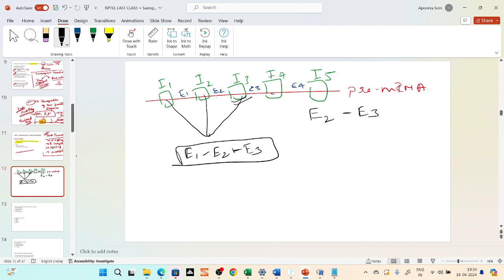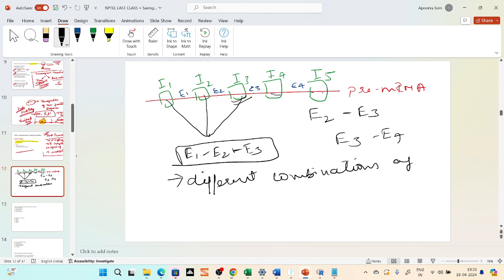If these two introns are removed, we have E3 combined with E4. That means you can see we can have different combinations of exons. And these different combinations of exons ultimately give us different types of mature RNA.